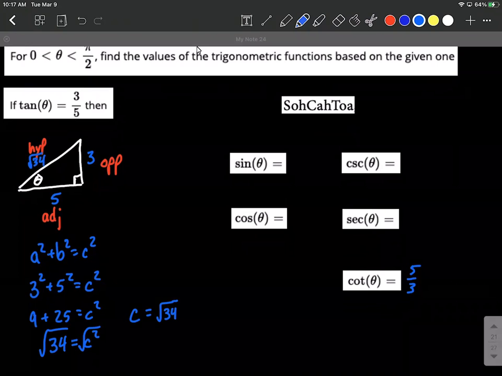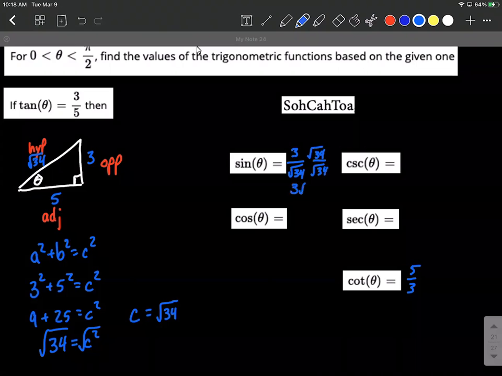Now that we've indicated all the side lengths, the 2 side lengths and the hypotenuse here, we can go ahead and use SOHCAHTOA to help fill in for sine and cosine. So sine is going to be opposite 3 over the hypotenuse, square root of 34. And we could rationalize this by multiplying numerator and denominator by the square root of 34. This will give us 3 times the square root of 34 over 34.